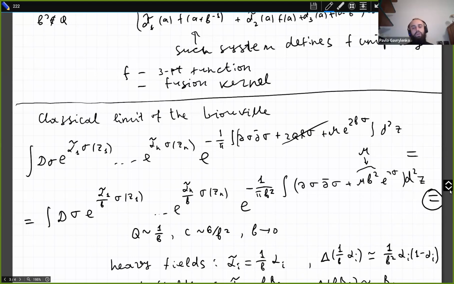So how can it change if we perform some rescaling?